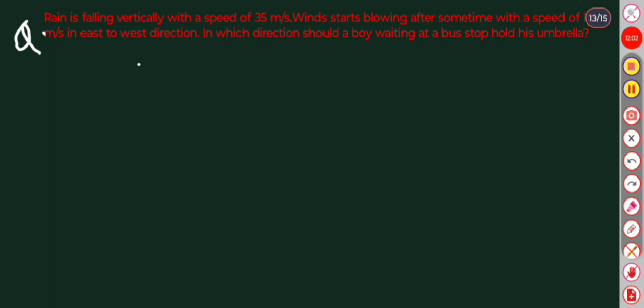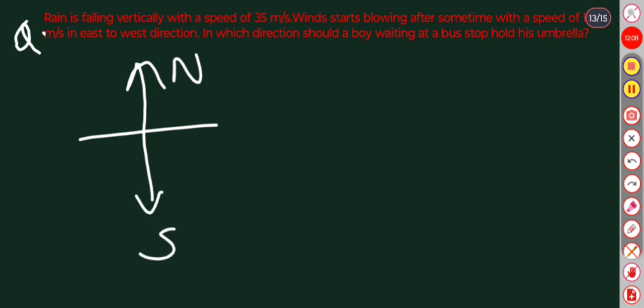First, we form a map. This is our north direction, this is our south direction, this is our east direction, and this is our west direction. Now I am going to make a proper diagram while reading the question.